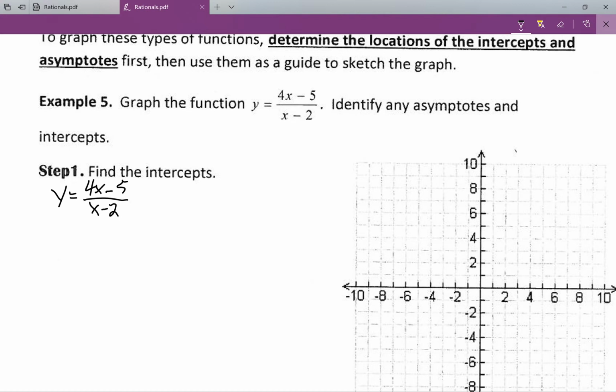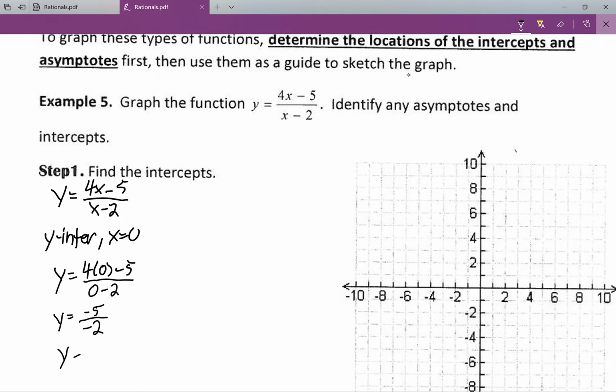We'll start by finding my y-intercept. And my y-intercept occurs when x equals 0. Doesn't matter the order that you find these in, it's rather arbitrary. We're just starting with y for funsies. So if x equals 0, that just means that I substitute 0 in for all of my x's in my original function, which will give me y equals negative 5 all over negative 2, or rather y equals 5 over 2.